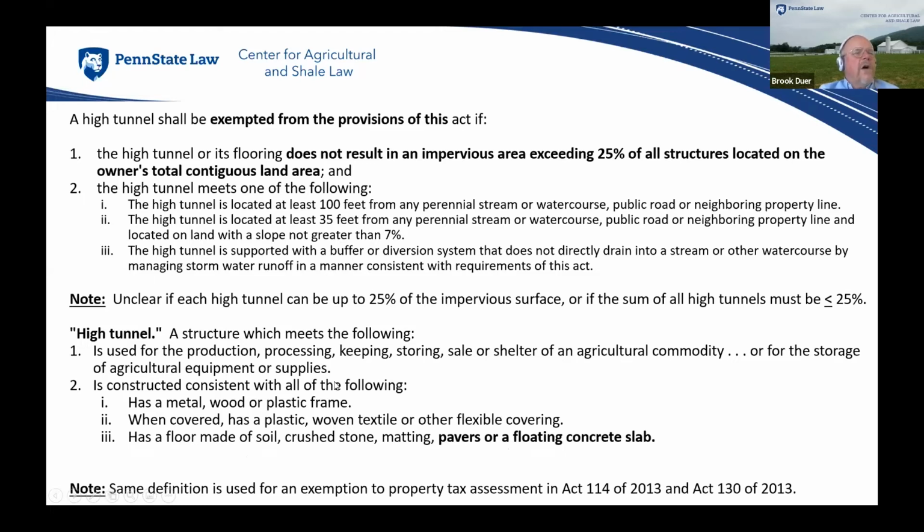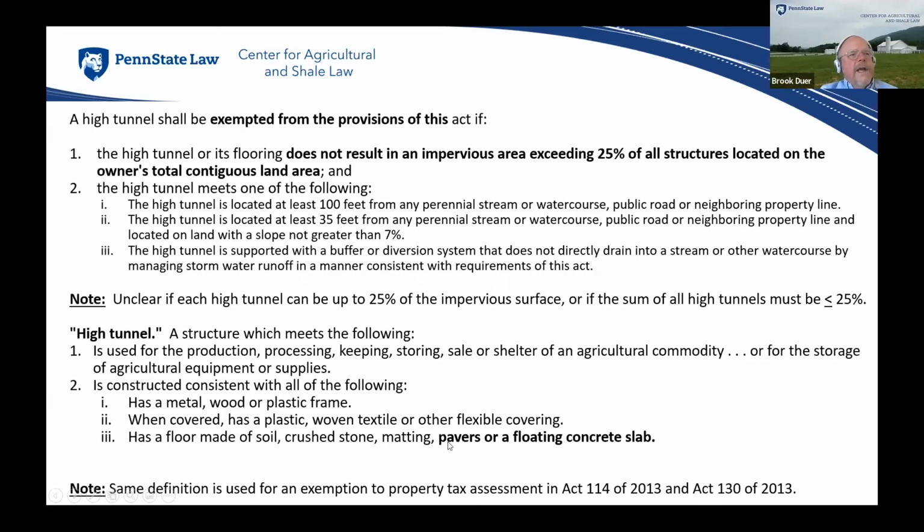And that has caused all sorts of troubles, because now townships are dealing with this, they're using this provision to basically say, okay, it's supported by a buffer or diversion system if it doesn't meet these sloping requirements, does not directly drain into a stream or other water course by managing stormwater runoff in a manner consistent with the requirements of this act.